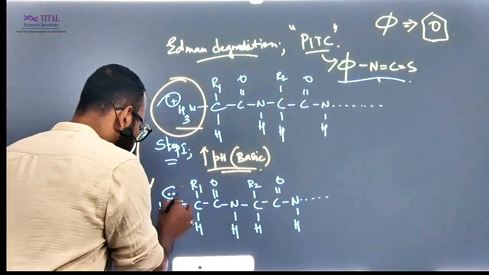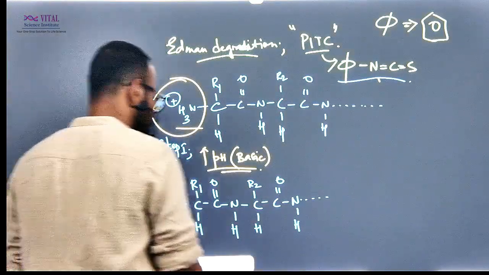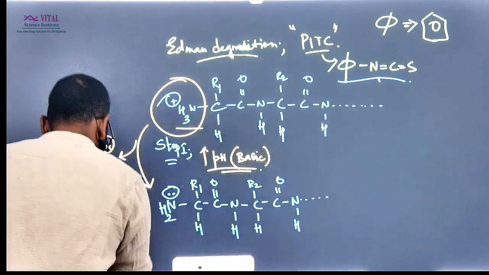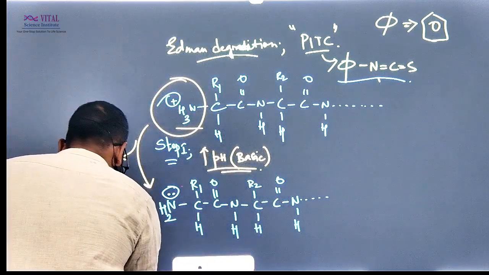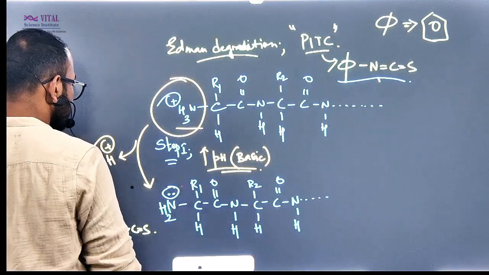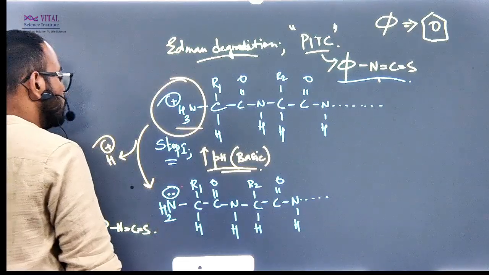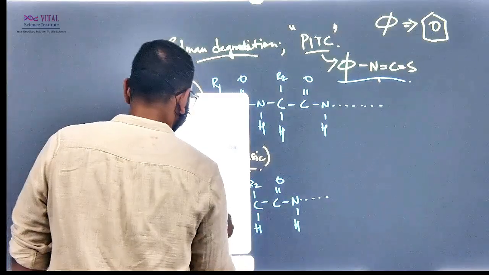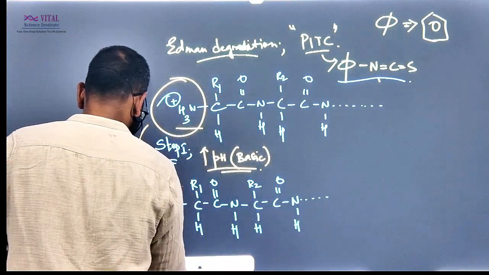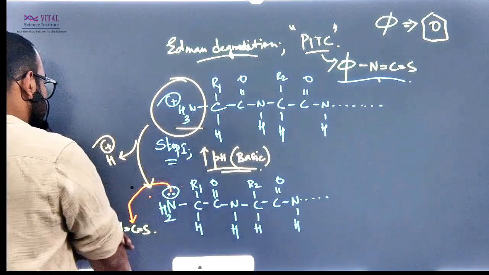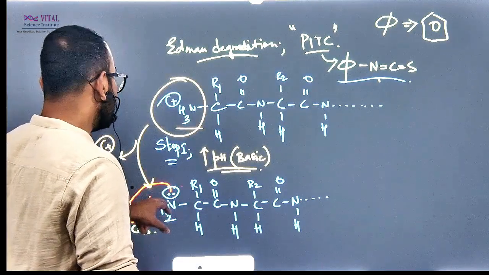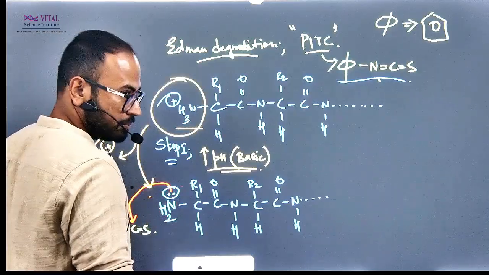Now it has its lone pair, and within the solution we have our phenyl isothiocyanate. So this lone pair will create a nucleophilic attack on this carbon.